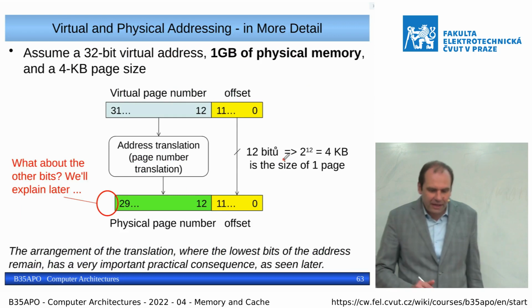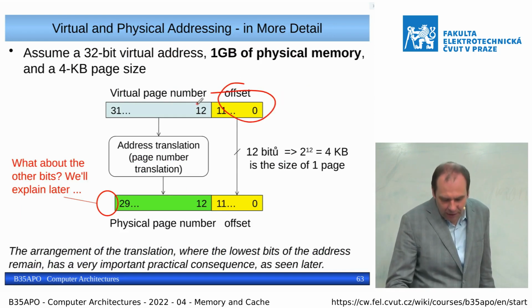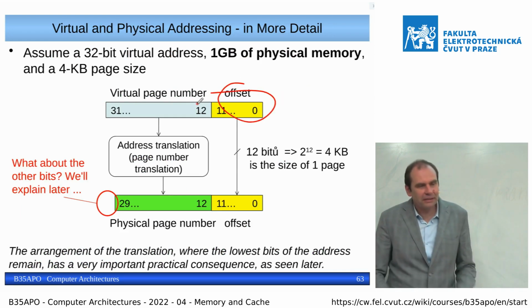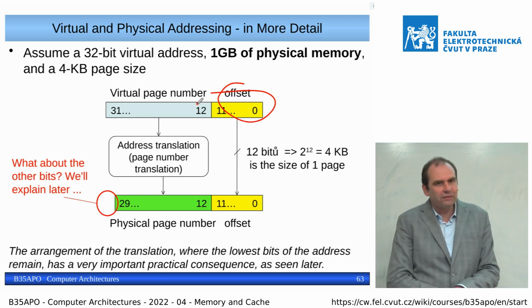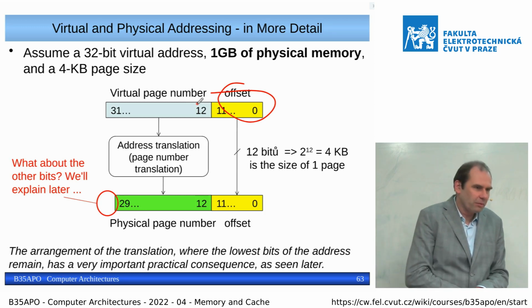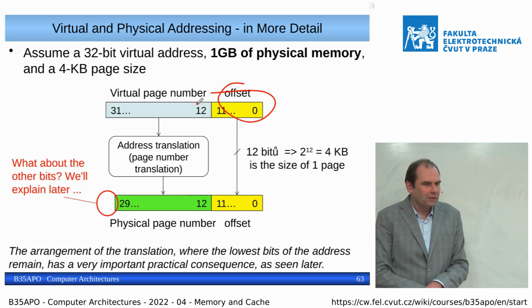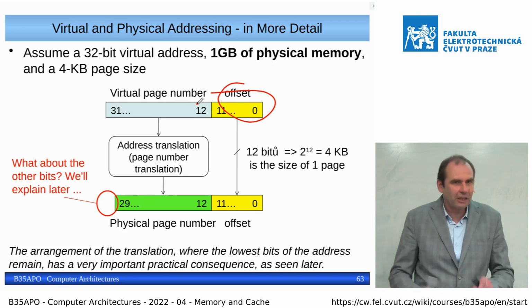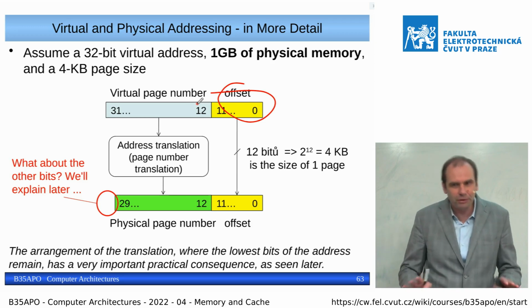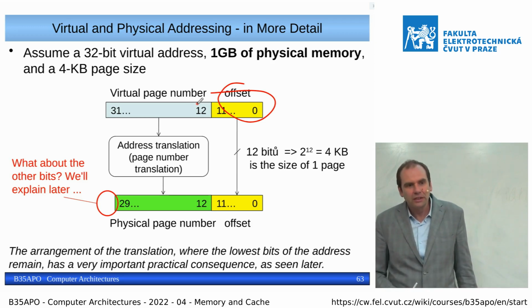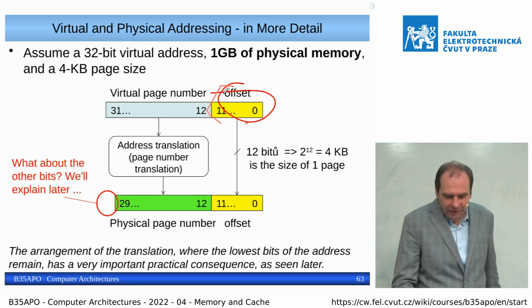But anyway, even in this case, you decide on the size of the page. The typical size of a page today is 4 kilobytes or 8 kilobytes, or maybe 16. Apple M1 has bigger pages, which is quite a problem to run Linux on that CPU, but it is somehow resolved. So basically, we can have different sizes of pages.